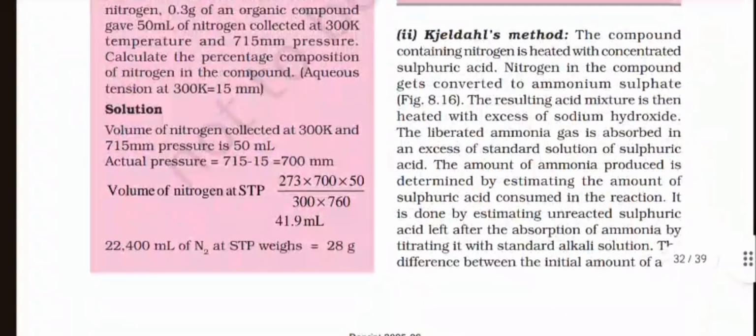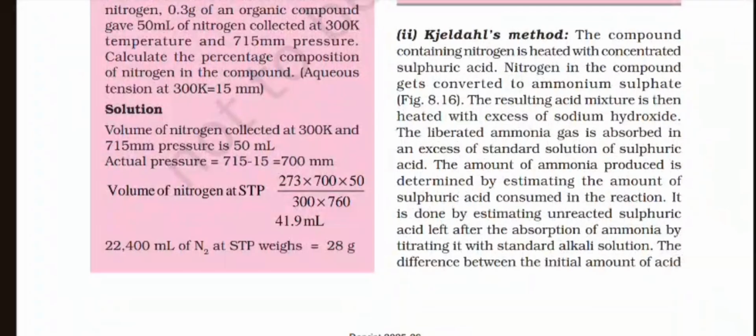Kjeldahl's method. The compound containing nitrogen is heated with concentrated sulfuric acid. Nitrogen in the compound gets converted into ammonium sulfate. The resultant acid mixture is then heated with excess of sodium hydroxide. The liberated ammonia gas is absorbed in an excess of standard solution of sulfuric acid.